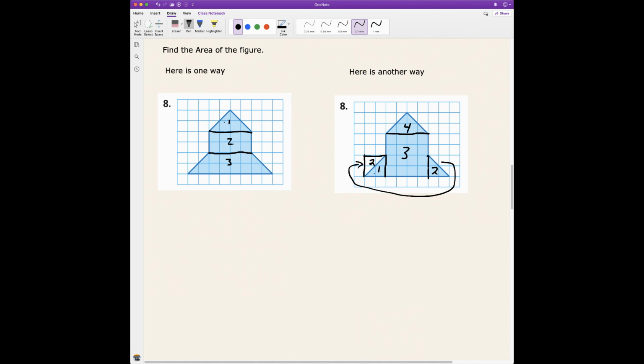We need to find the height of my triangle. So I'm going to move the 1 over to here. So the height of this triangle is 2 units. The base of this triangle is 4 units. So let me see. Area equals the formula for the area of a triangle plus the formula for the area of a rectangle plus the formula for the area of a trapezoid.